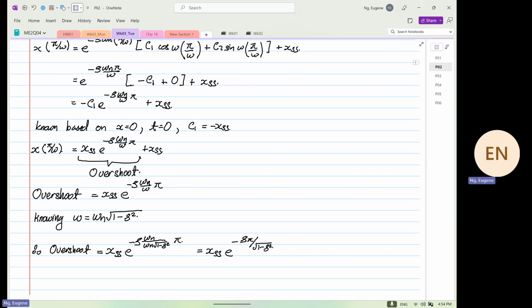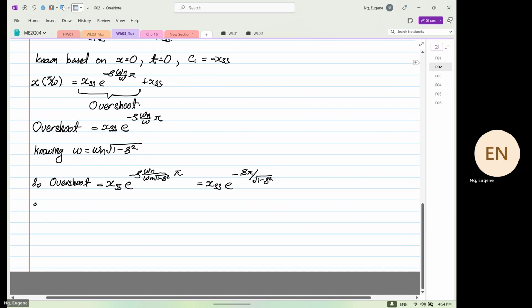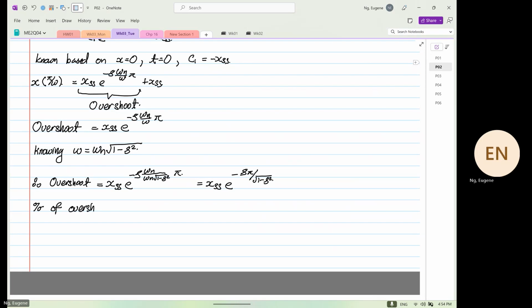So to calculate the percentage of overshoot, sometimes you might be asked. So this will be equal to XSS exponential of minus zeta pi over square root of 1 minus zeta squared, and divide by XSS multiplied by 100%.